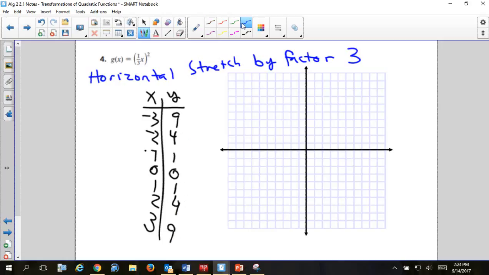And what column am I going to change, the x's or the y's? If I wrote down horizontal, what am I going to change? X's. If I wrote horizontal, that's x. So I'm going to multiply my x's by 3, by the opposite of 1/3. So all my x's get multiplied by 3.